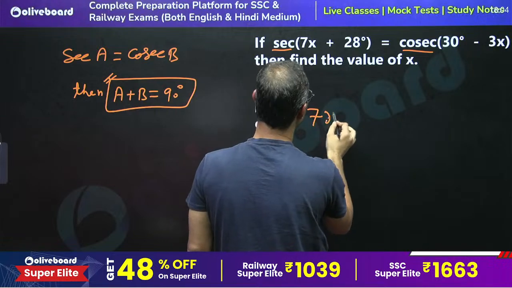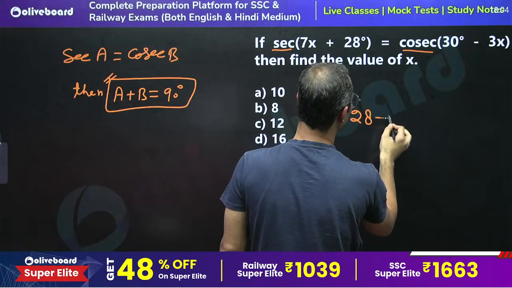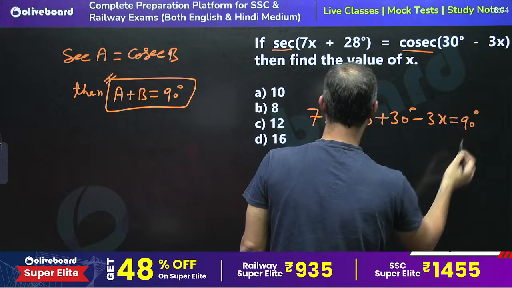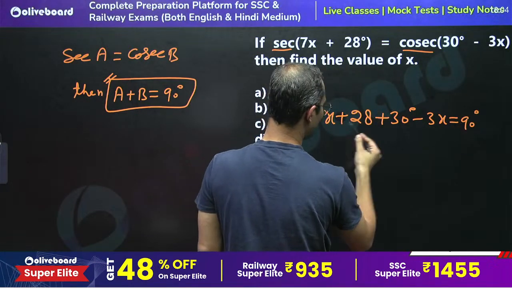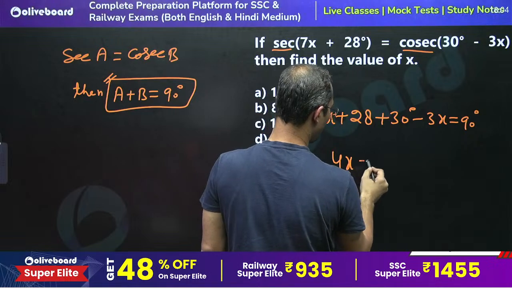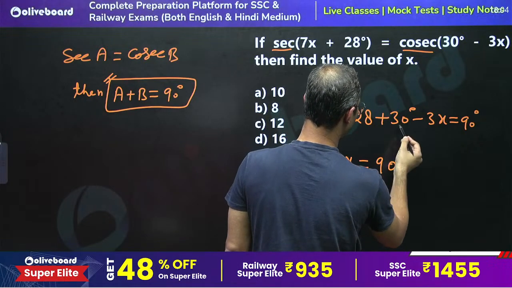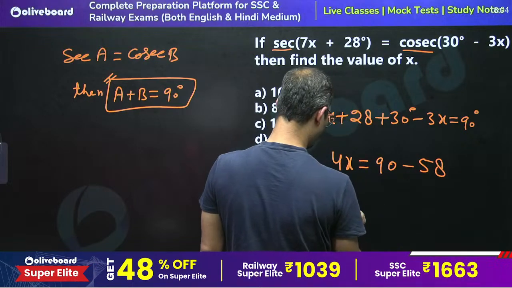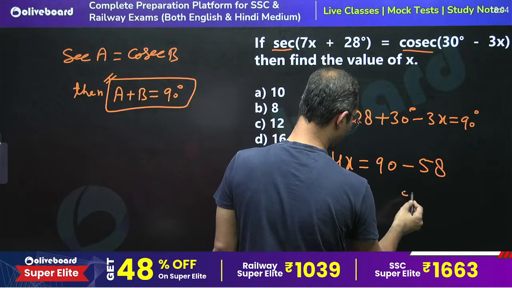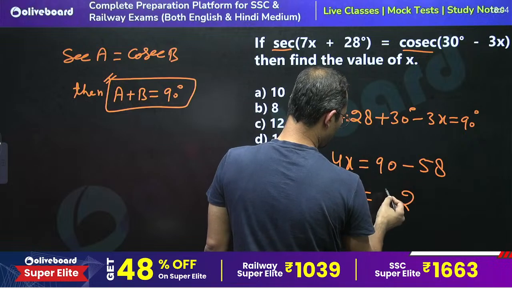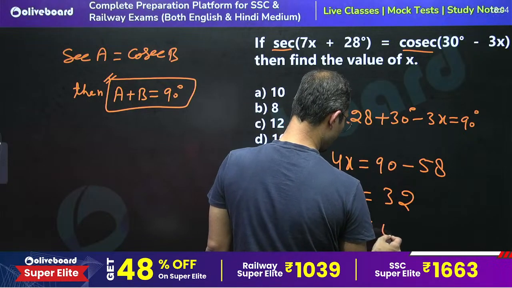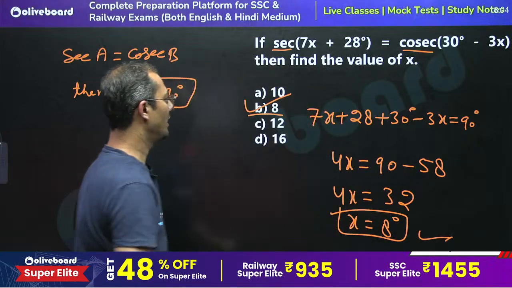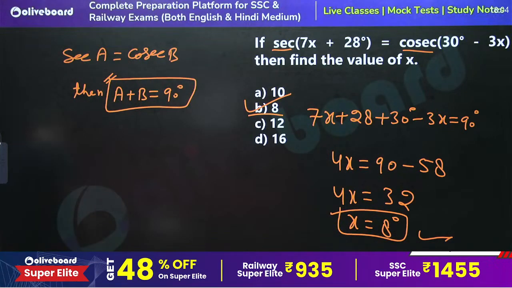So 7x plus 28 degree plus 30 degree minus 3x is equal to 90 degree. So 7x minus 3x, 4x is equal to 90 minus 58, that is 32. So x is equal to 8 degree. 8 is the right answer.